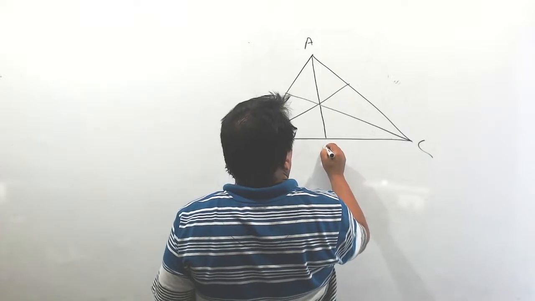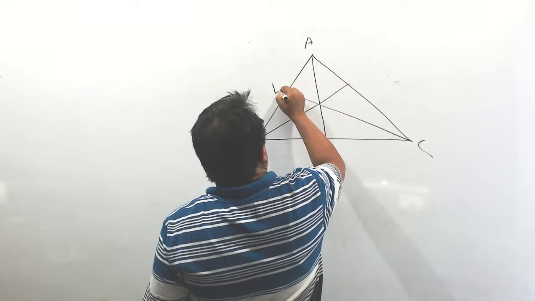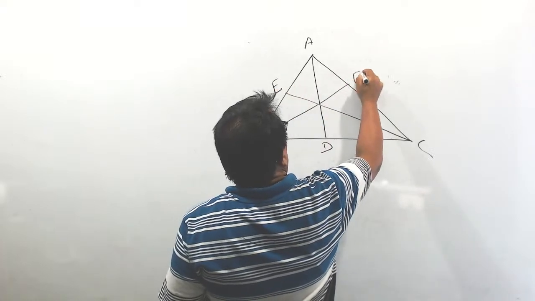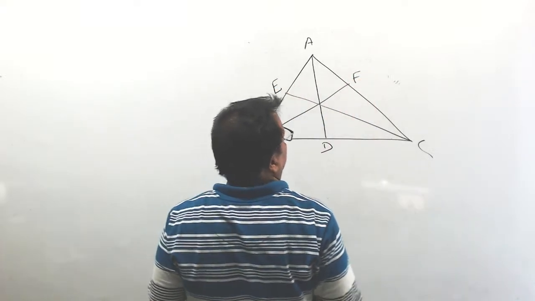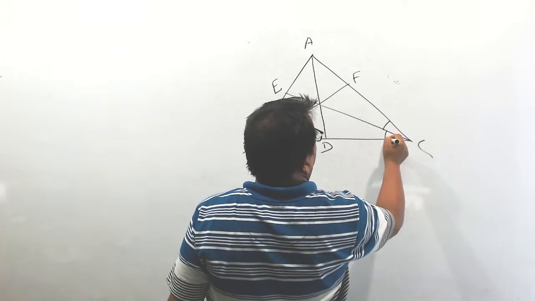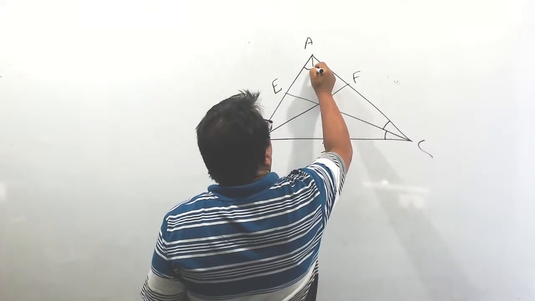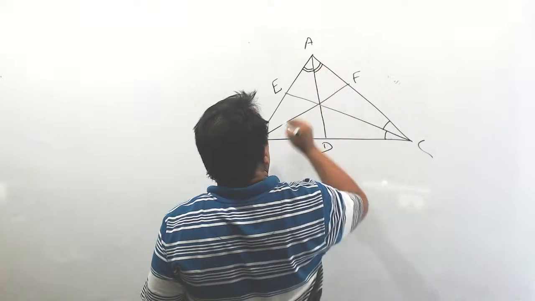It is A, D, E, F. Okay. CE is the angle bisector. That is, these two angles are equal. AD is the angle bisector of the angle A. That is, these two angles are equal.